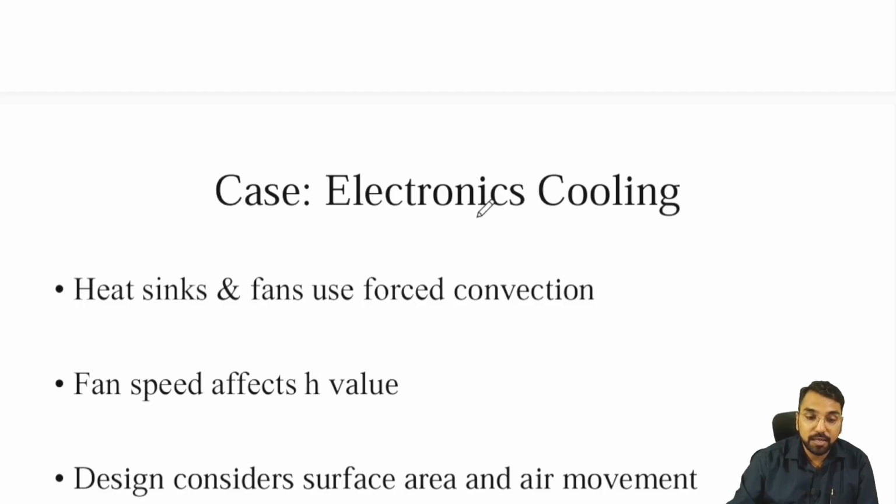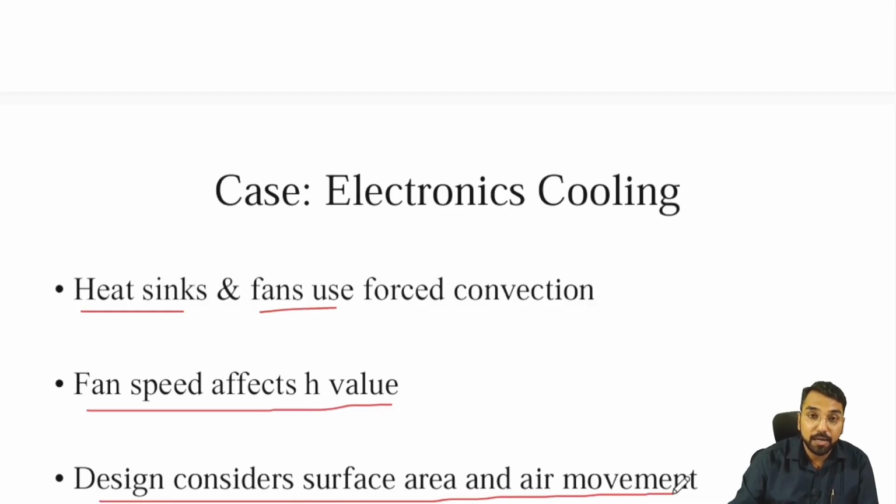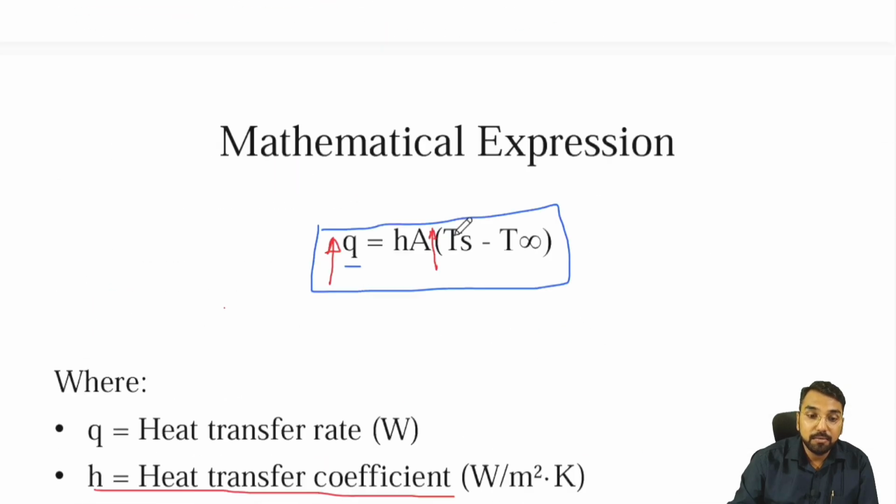In electronic cooling, the heat sink or the fan, as I have elaborated, the fan speed affects the H value. H means convective heat transfer coefficient, and the design considerations are surface area and air movement. How the air movement and the surface area should be, we have to design according to the Newton's law of cooling equation that we have elaborated here.